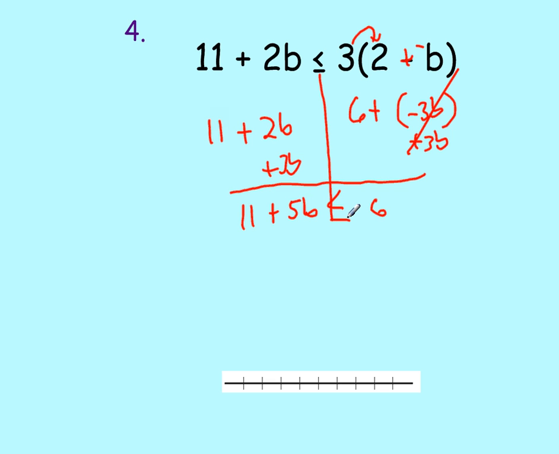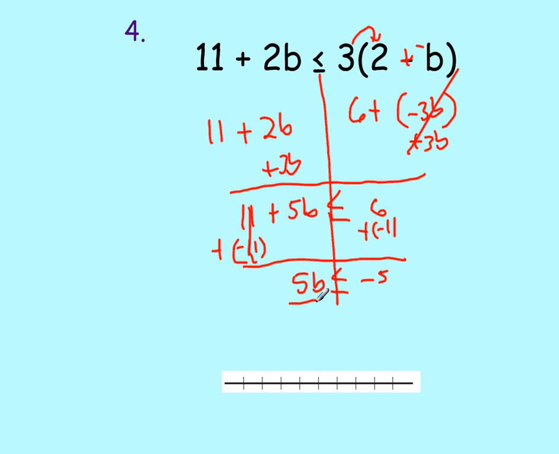I haven't flipped it, don't need to flip it. I'm going to add negative 11 to both sides, so plus negative 11. That term cancels out. I'm left with 5b is less than or equal to 6 plus negative 11. Different signs, from our integer rules, and it's going to be negative 5.